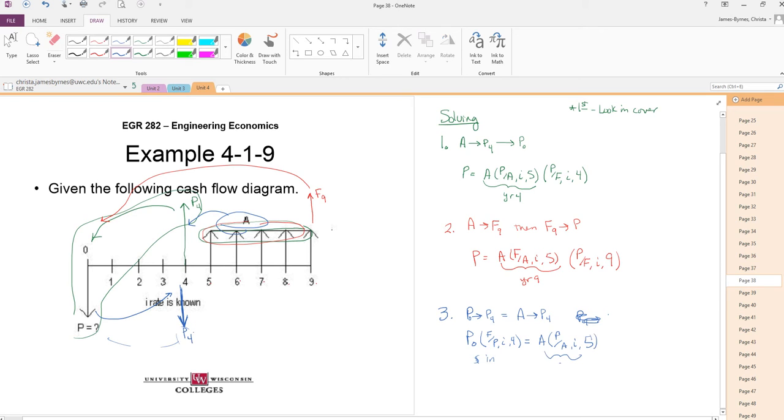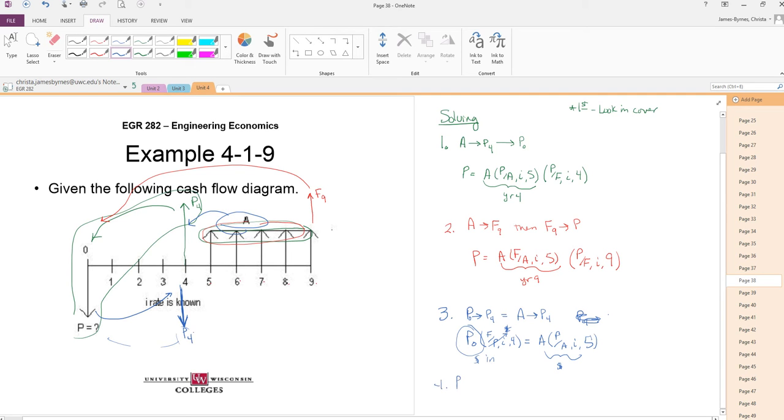This is going to come out with a number, and you're going to solve for P0. That works too. I don't really like that way, but you could. You could do the same thing, taking it up to year 9 if you wanted to.